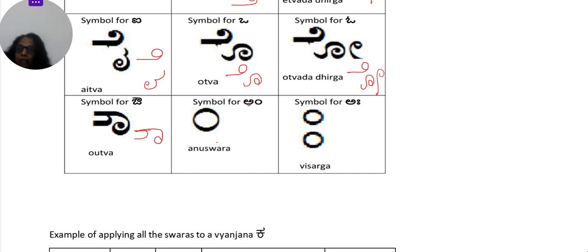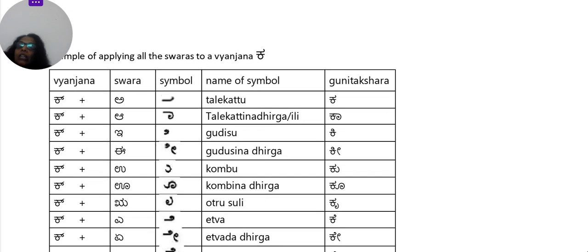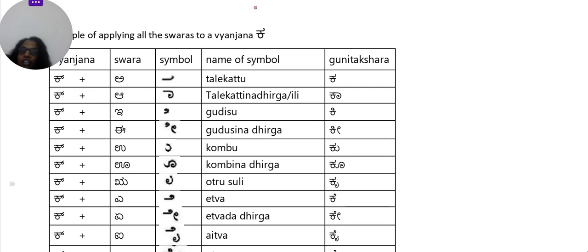So these are all the symbols of all the 15 swaras. So all these 15 symbols have to be applied to one consonant to get the Gunitakshara of that consonant. So for example, we can look at this example where all the symbols are applied to the Vyanjana or the consonant Ka.